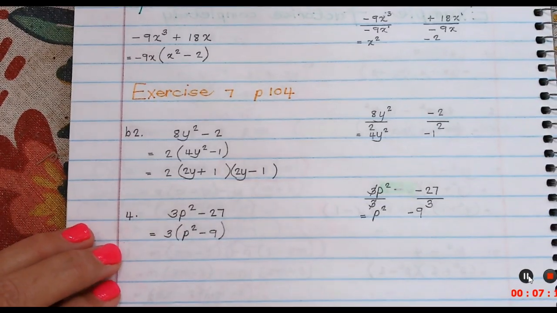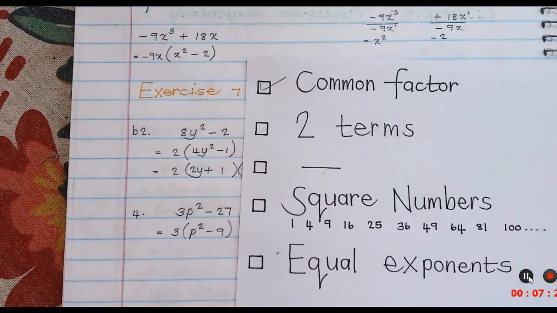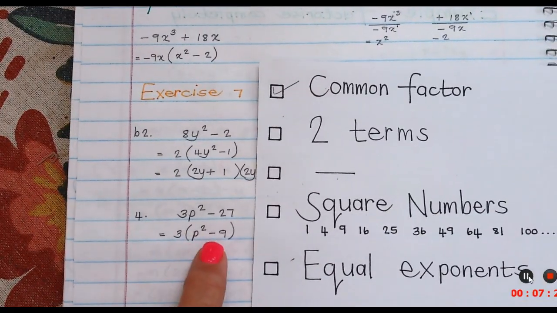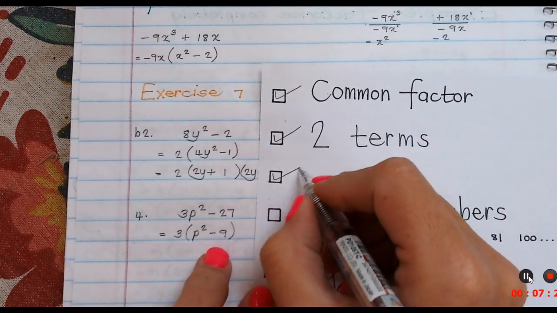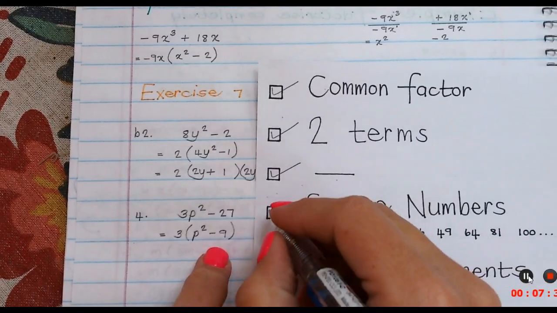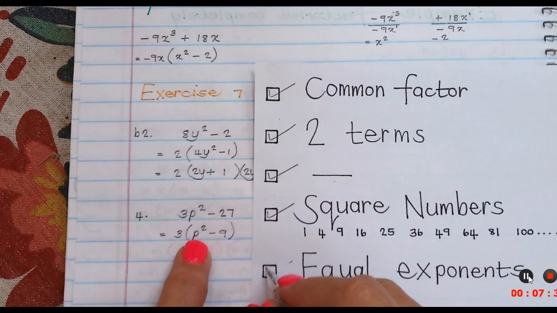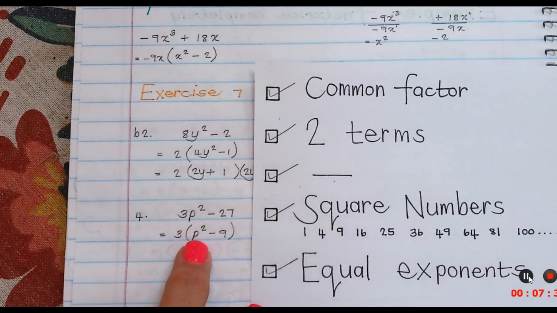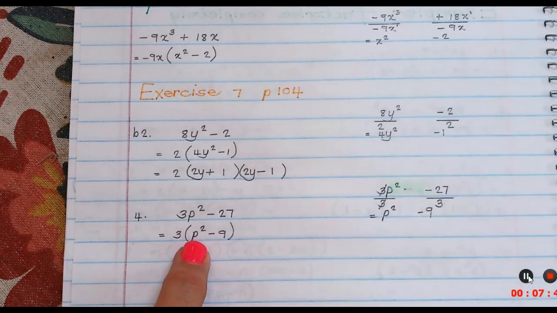I go back to my check boxes. I'm done with the common factor. Let's check. Two terms, yes. Minus, yes. Square numbers, let's check. 9, there it is, yes. Equal exponents, b squared, yes. So in other words, the bracket is still the difference of two squares.